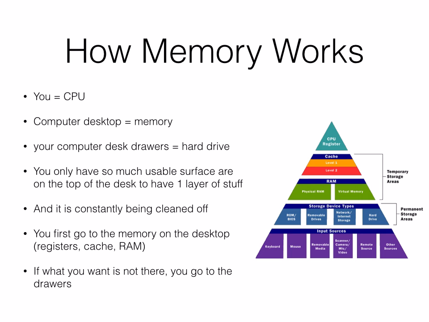So you only have so much usable surface on the top of the desk, and it's consistently being cleaned off. And so, for example, you have to go to the memory on the desktop, which can be registers, cache, or RAM. This very fixed memory. And if what you want is not there, then you have to go to the drawers.